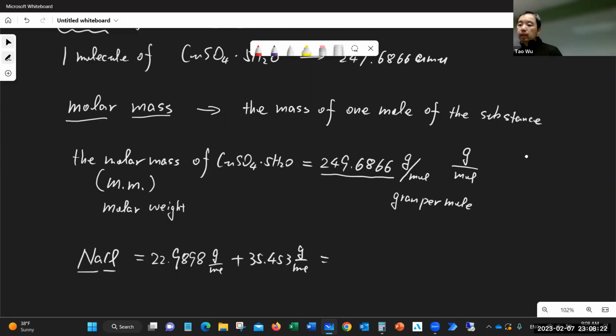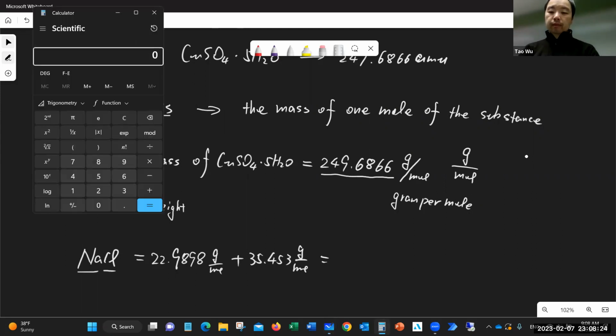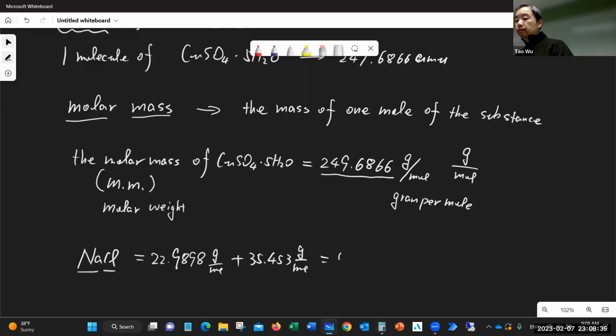Then you add them together and you get 58.4428, and the unit is gram per mole.